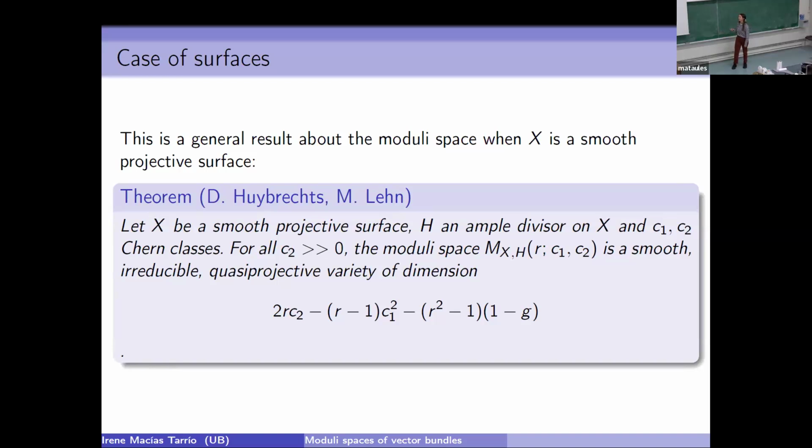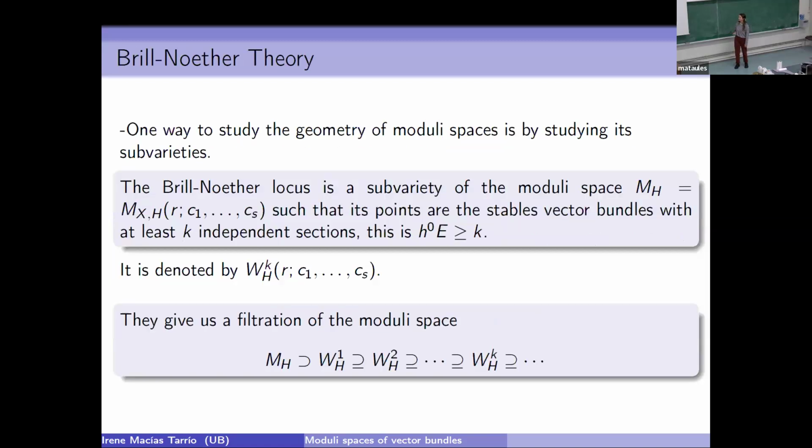It will be a smooth, irreducible, projective variety, and it will have this dimension. So for surfaces, if we take these big values of the second Chern class, we know how the moduli space is. We will work with this kind of moduli spaces because we know how they look. What is this g? This is the genus. This comes from the Euler characteristic of the vector bundle, which comes from the homology groups. This is another geometric invariant.